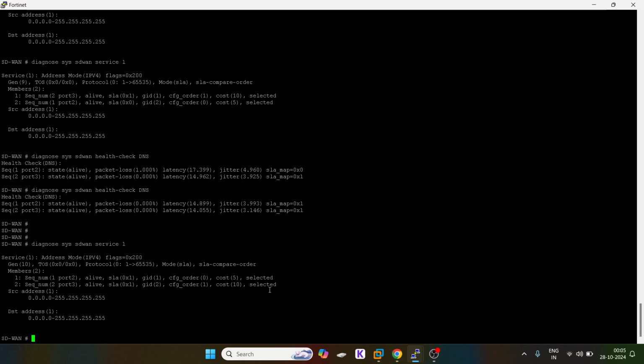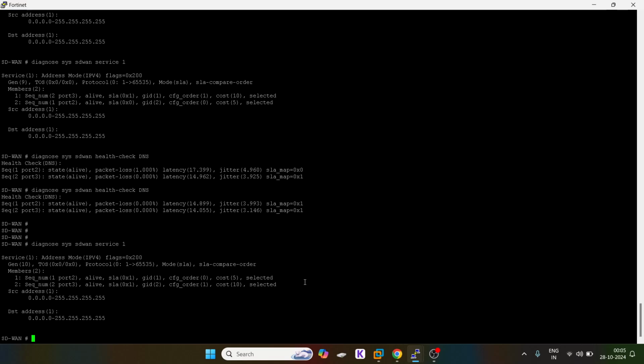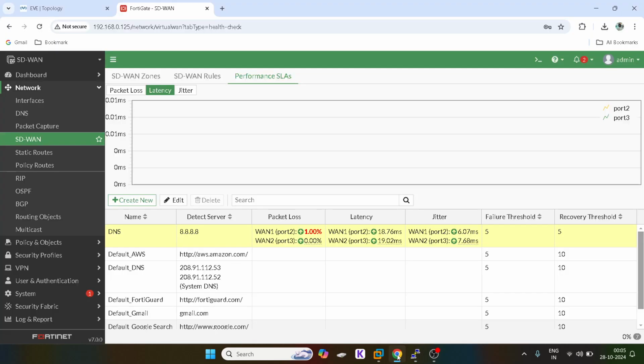But if any one of them is misbehaving and the SLA is not getting satisfied, the traffic will automatically shift to the link where the SLA is satisfied and stable. That link will be preferred.